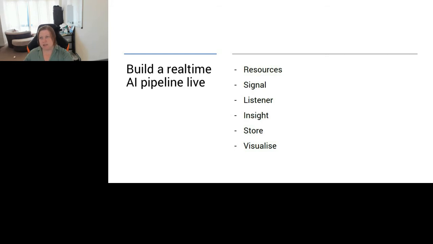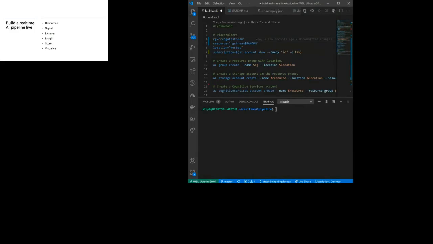I'm just going to share screen. I can show how to build these things from the Azure portal, but I am a huge fan of writing things once and then being able to reuse them again and again.